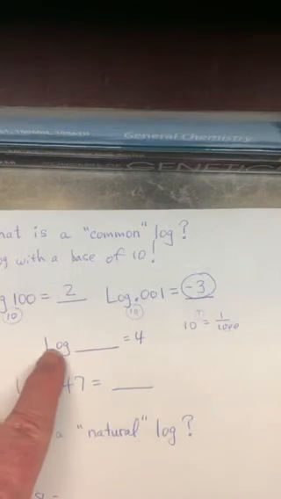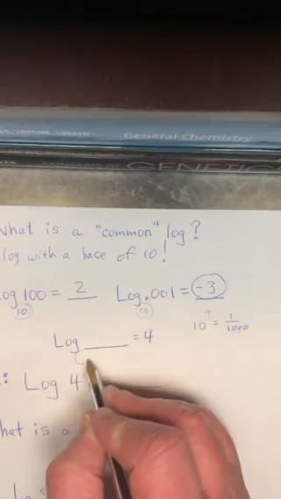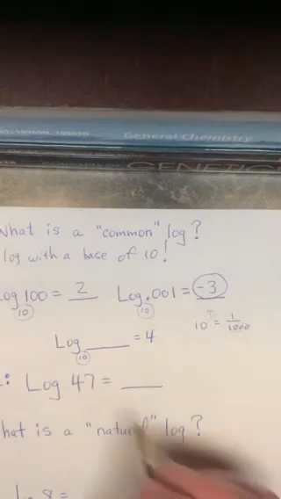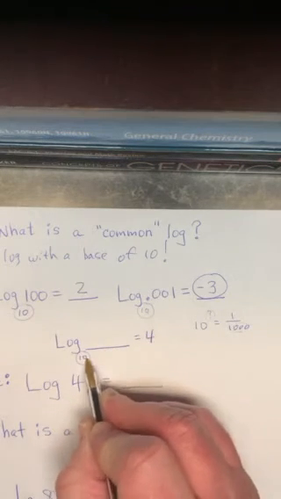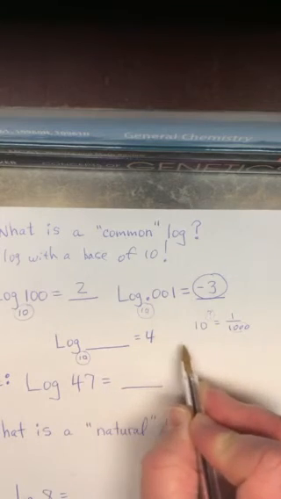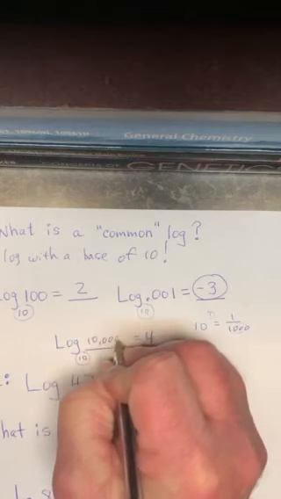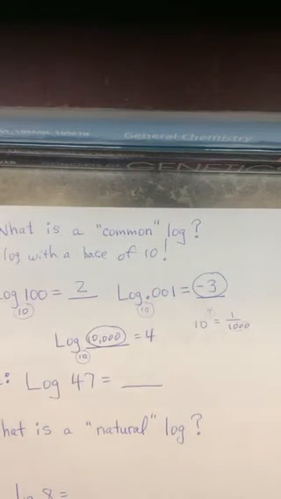And finally, when the blank is on the left side here, I don't see a base, so it's understood to be a 10. Oh, so I have base, exponent, final number, 10 to the 4th power, 10 times 10 times 10 times 10, actually gives me a value, agreed, of 10,000 for that.